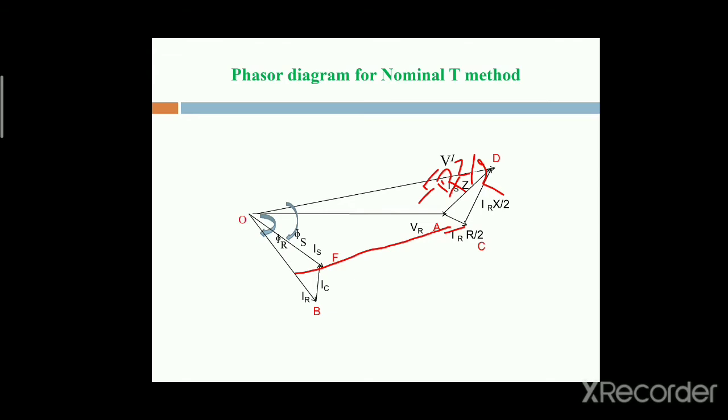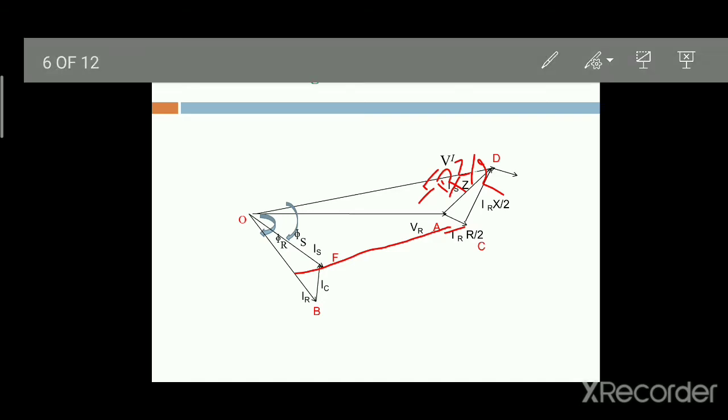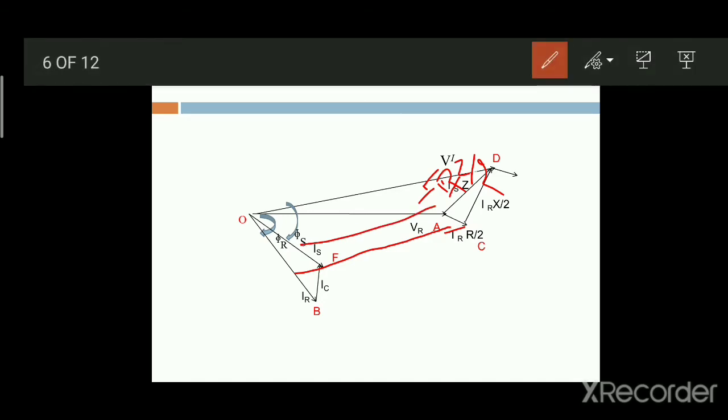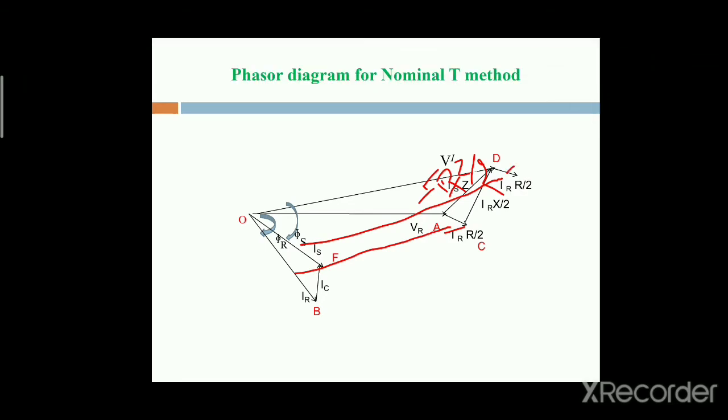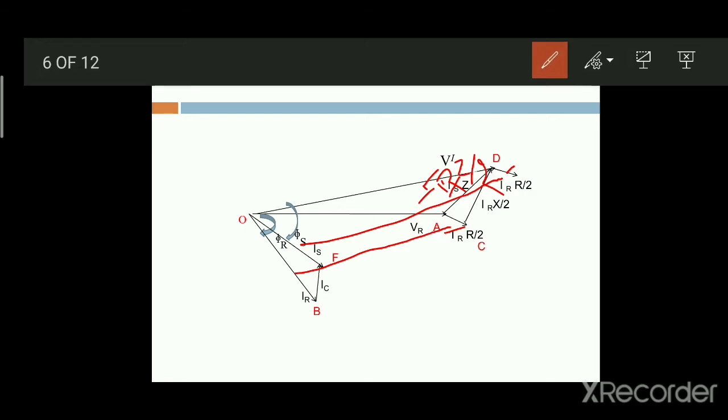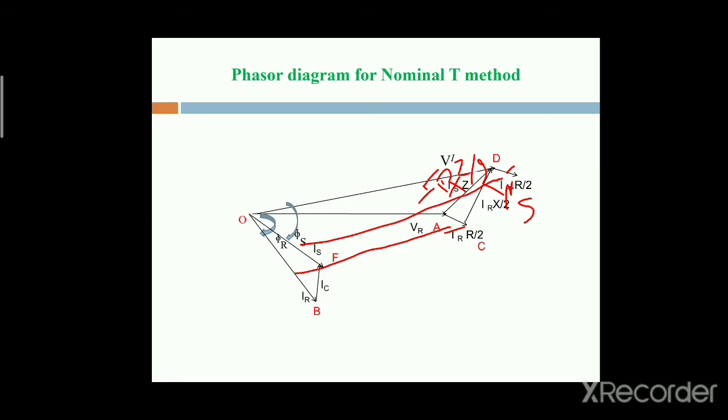Next, by projecting this IS, that is ISR by 2. At an angle of 90 degrees, we write the ISX by 2.